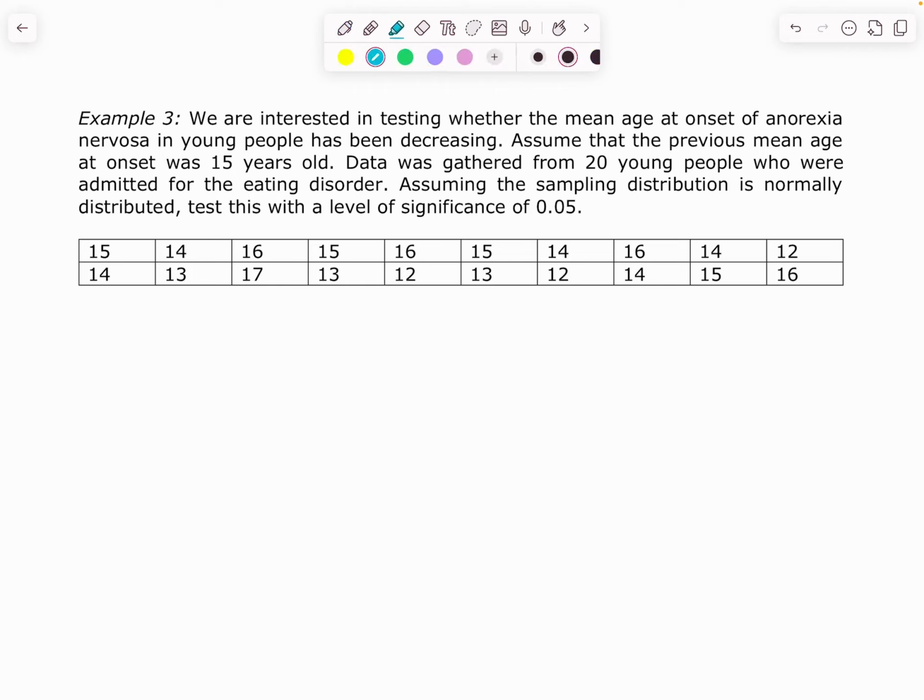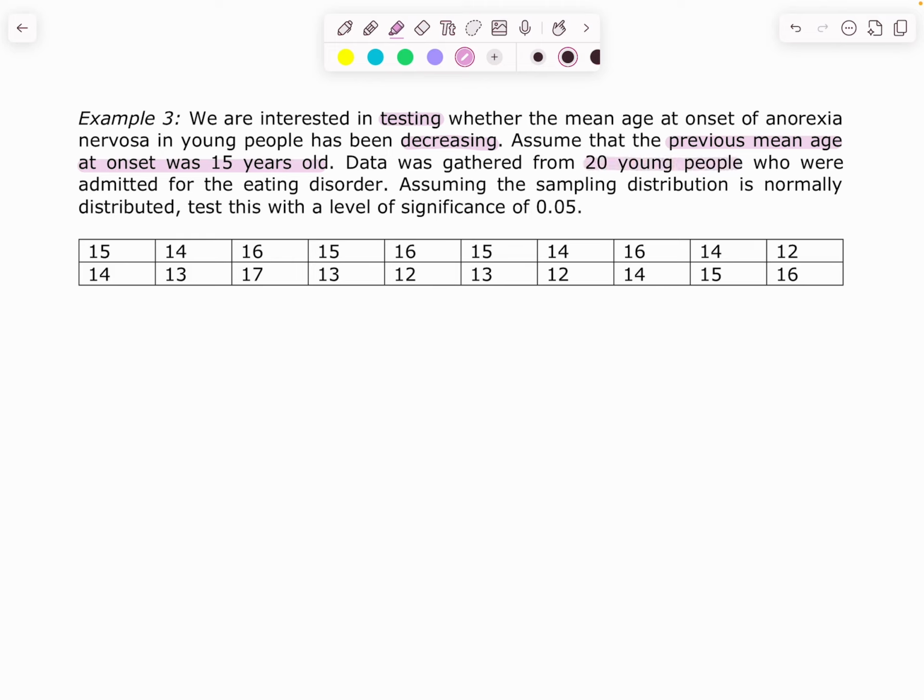So if I look at the paragraph of information given to me, I can see that we are interested in testing if it's decreasing. The previous mean age was 15.